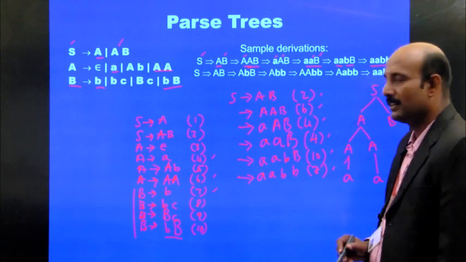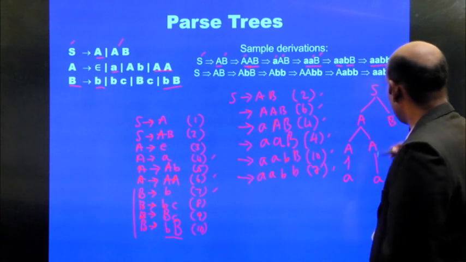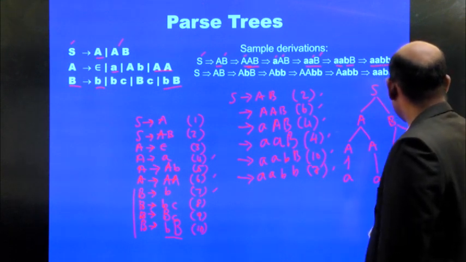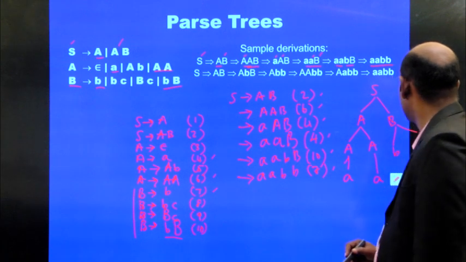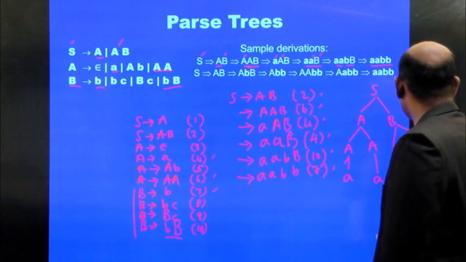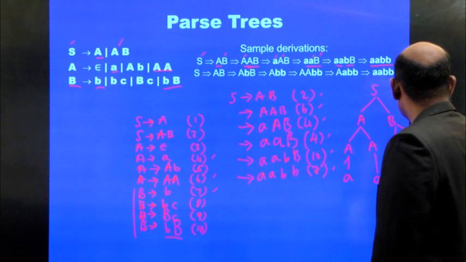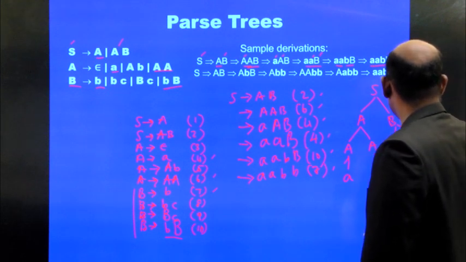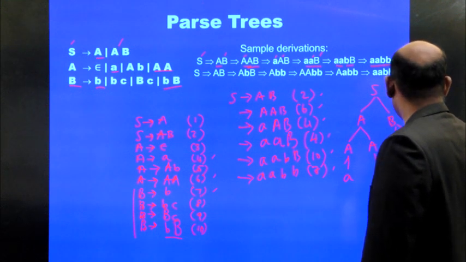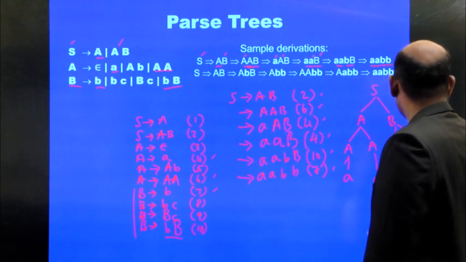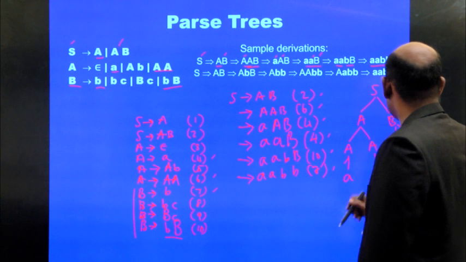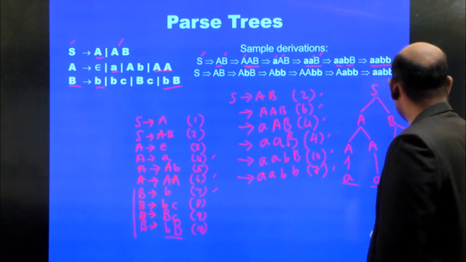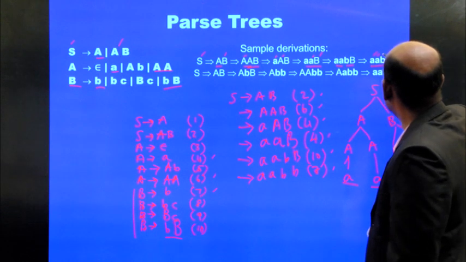So we are going to replace that B. Now the B is replaced into small b, capital B. B is replaced by only small b. So what we have seen: A, B, B, A, B, B.